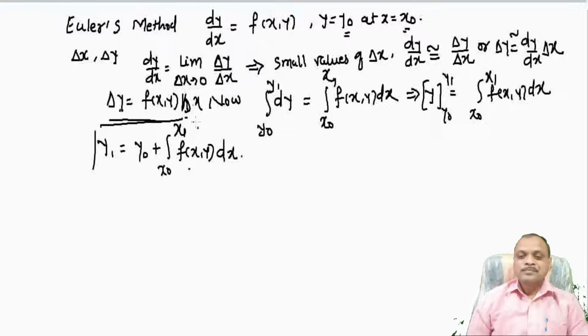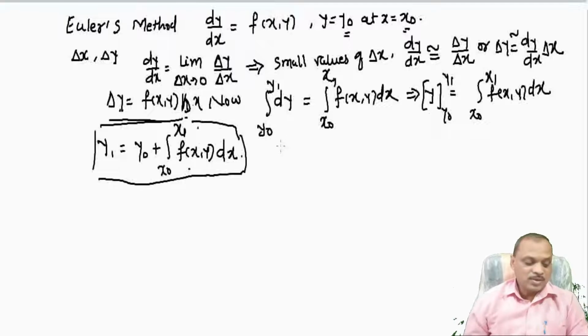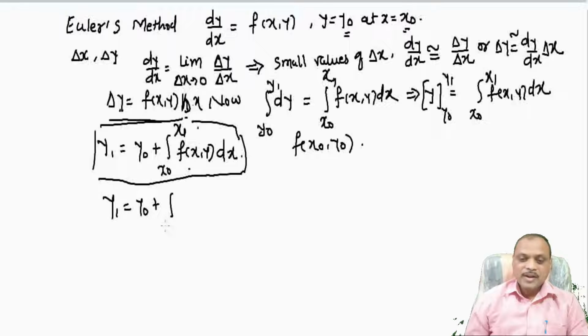This is an approximation formula. Now we substitute f of x0, y0, so y1 equal to y0 plus the integration from x0 to x1 of f of x0, y0 into dx.